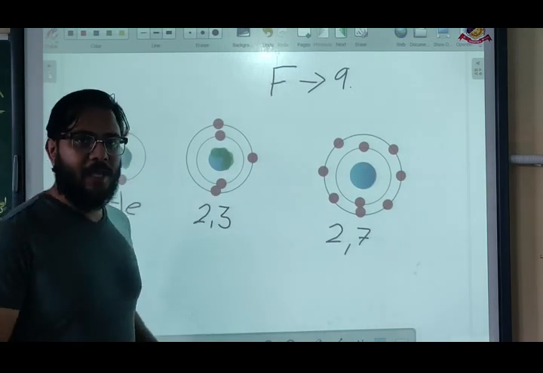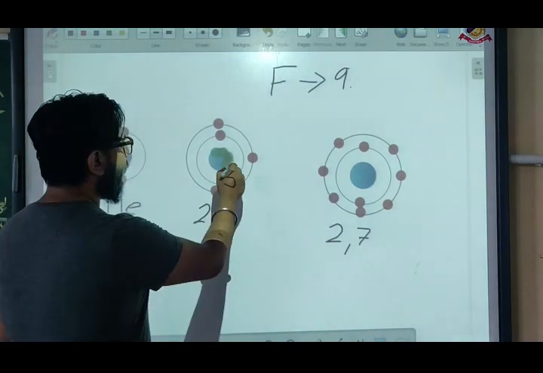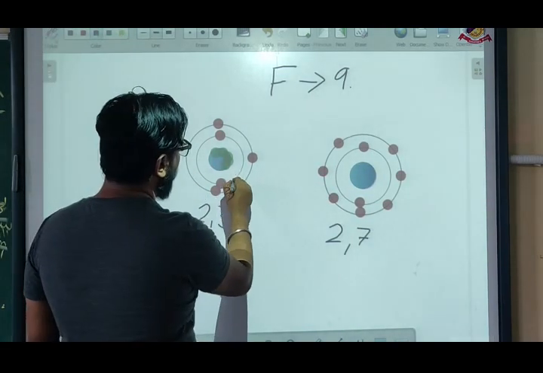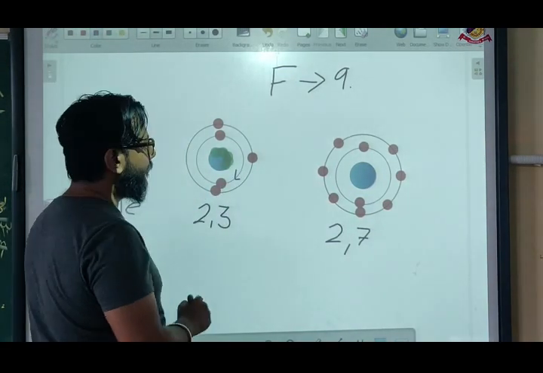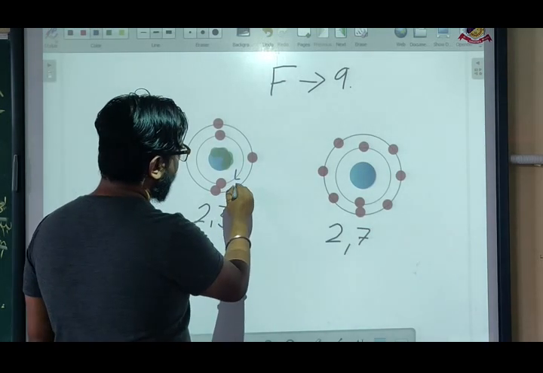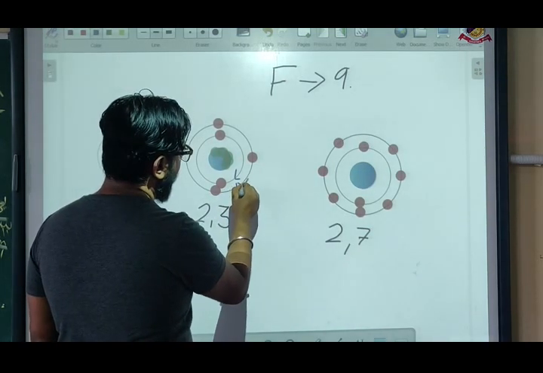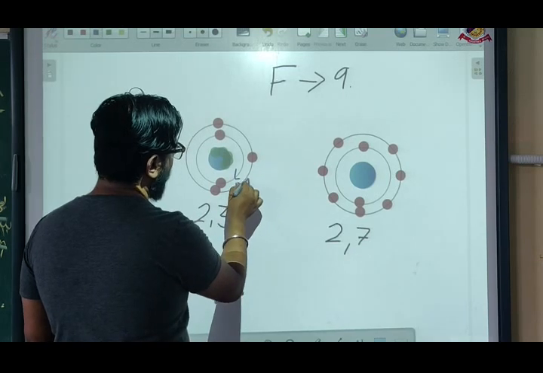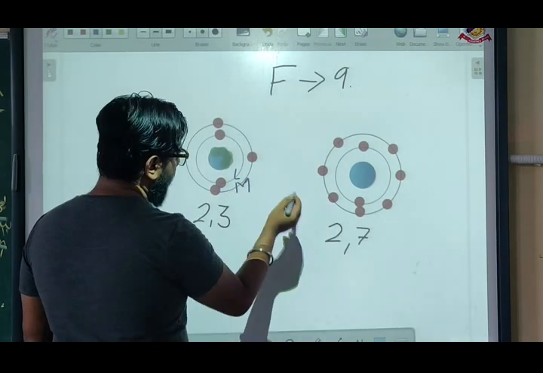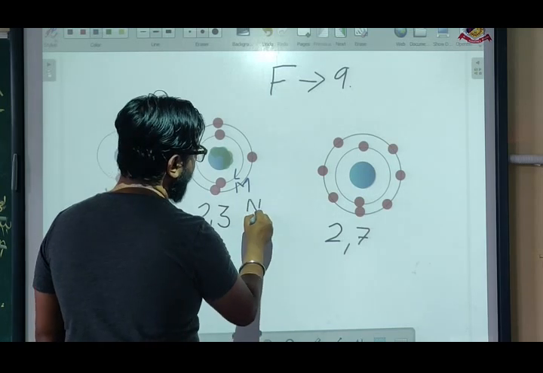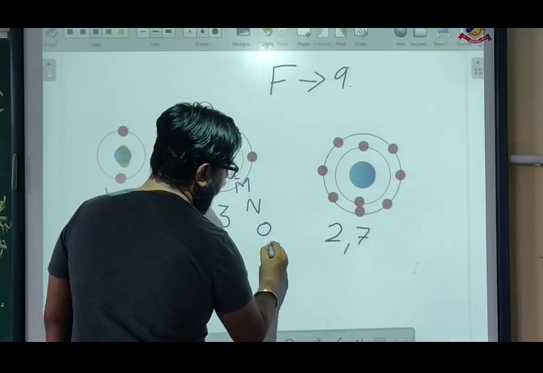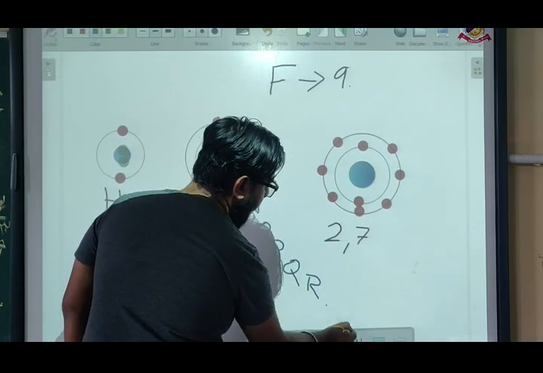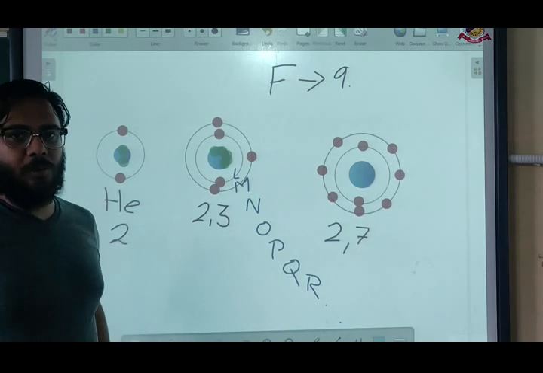Each shell has its own name. The first shell we name as K, then L, M, then the next shell would be N, O, P, Q, R, and so on.